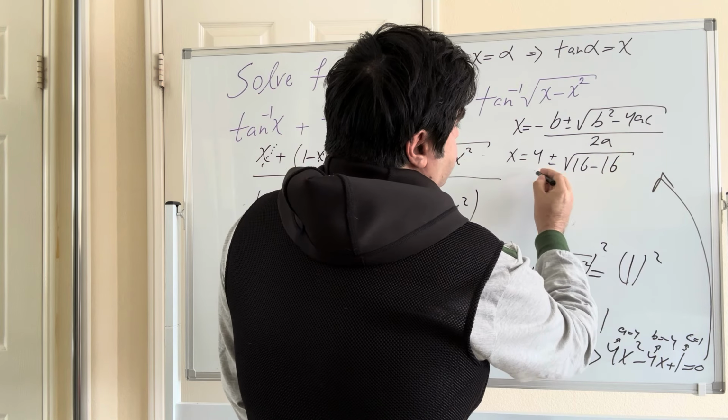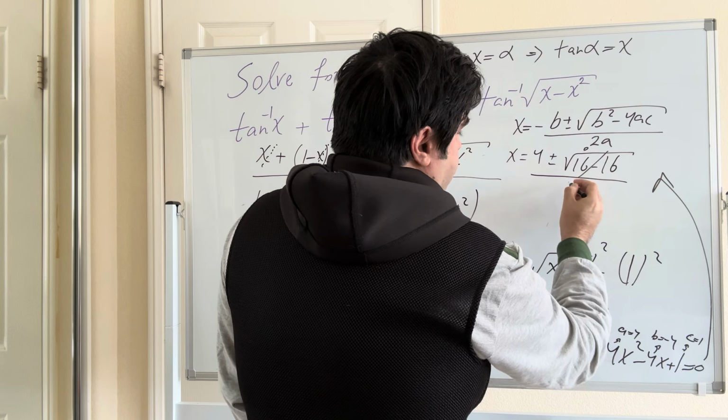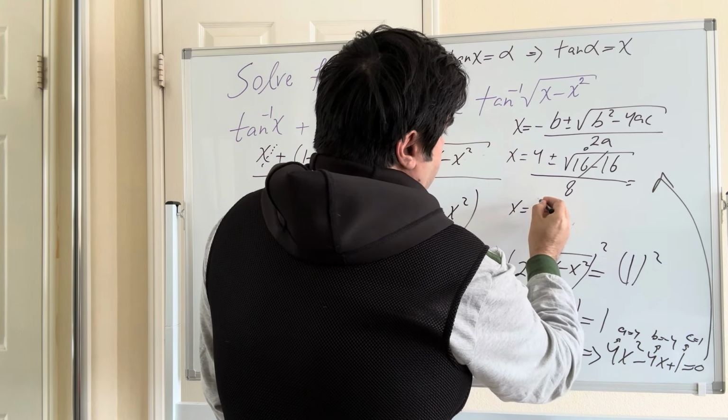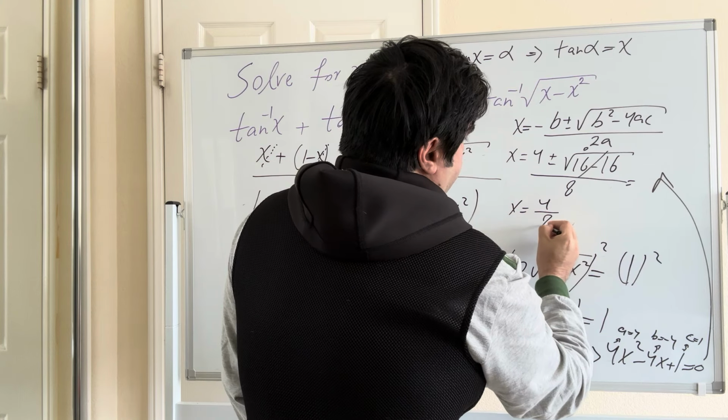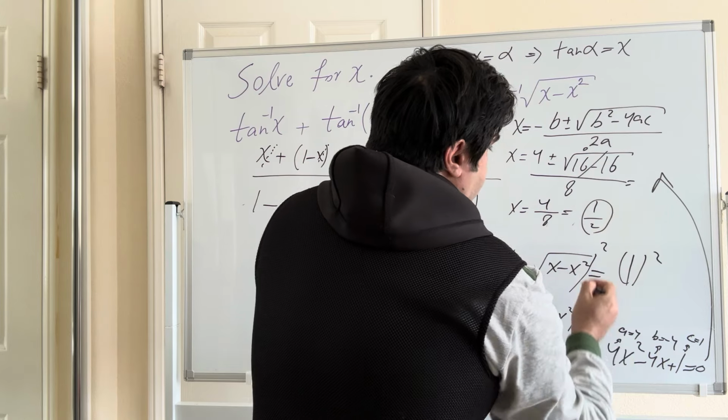So 16 minus 16 is going to be 0. 2 times 4 is 8. So this becomes x equals 4 divided by 8, which in turn is going to be 0.5. And that's our final answer.